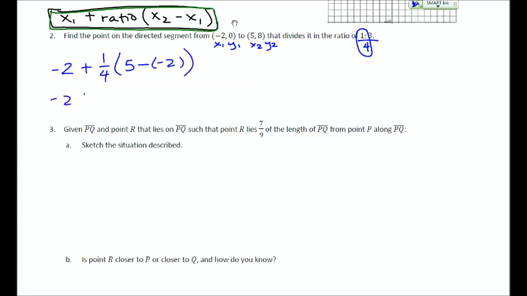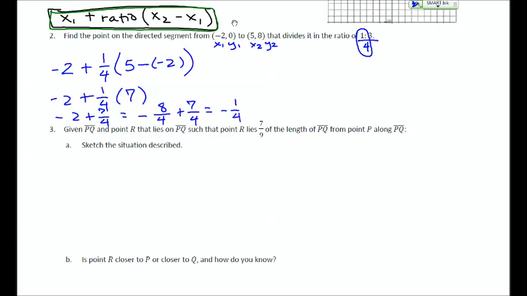And I have -2 plus 1/4 of 5 plus 2, which is 7. So I have -2 plus 7/4. Now, -2 in fourths is -8/4, plus 7/4 is -1/4.